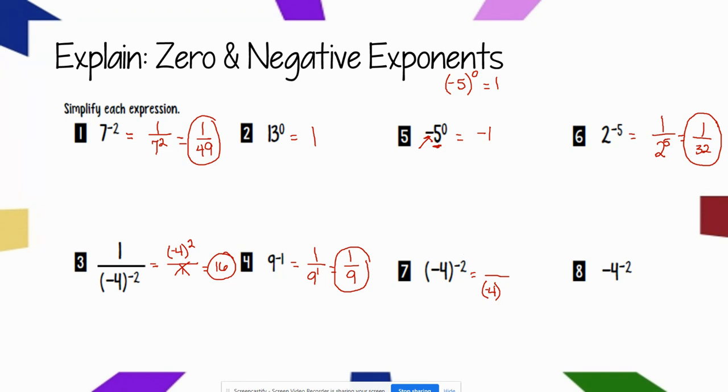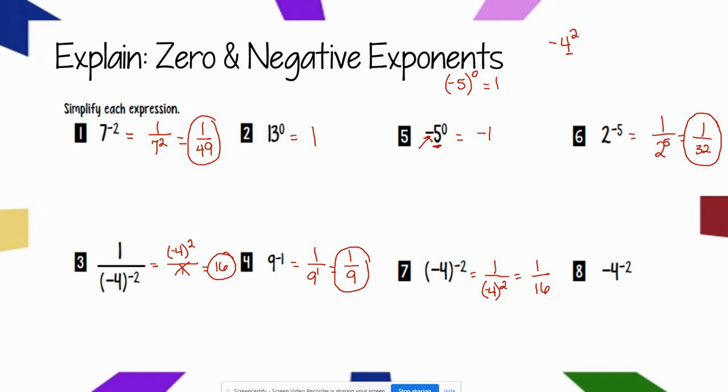So -2 becomes an exponent of +2, and we're going to put a +1 in our numerator. Well, we can solve this by doing -4 times -4, which is +16. So this is 1/16.